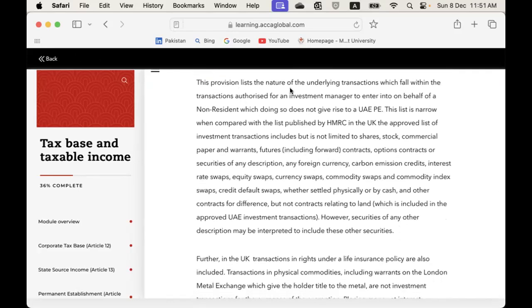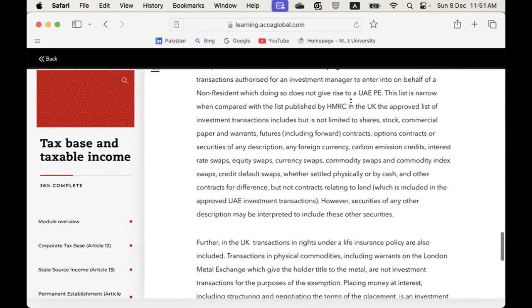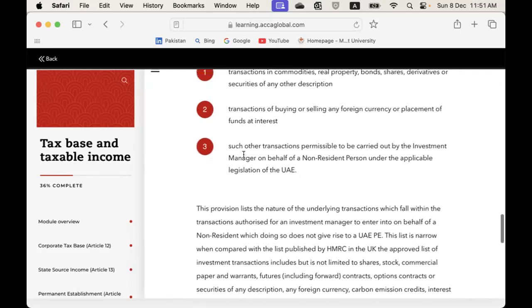The provision lists the nature of the underlying transactions which fall within the transactions authorized for an investment manager to enter into. Now I want to quickly address something to you guys. You see this third point, such other transactions which are permissible to be carried out by the investment manager on behalf of the non-resident person under the applicable legislation of the UAE, right?